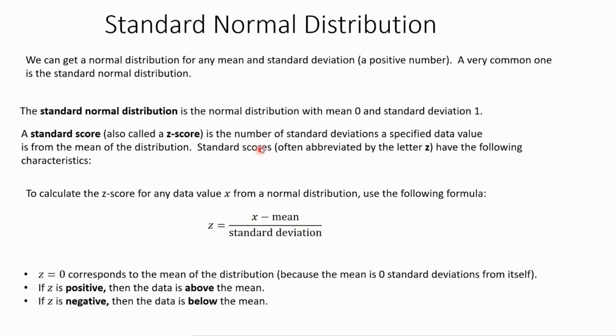From the definition, if z happens to be 0, that corresponds to the mean of the distribution, because you're 0 standard deviations away from the mean.